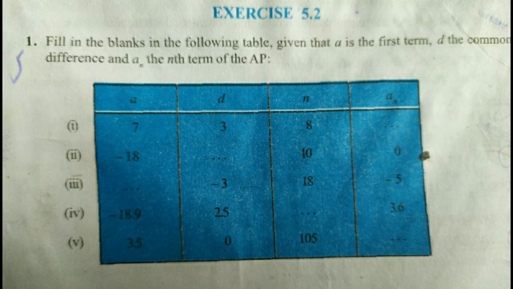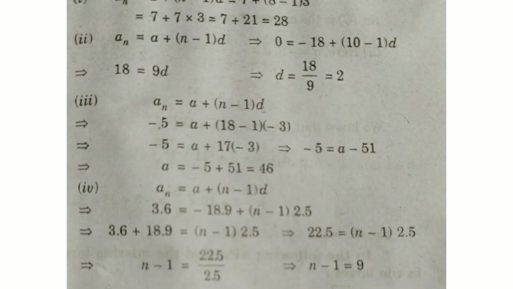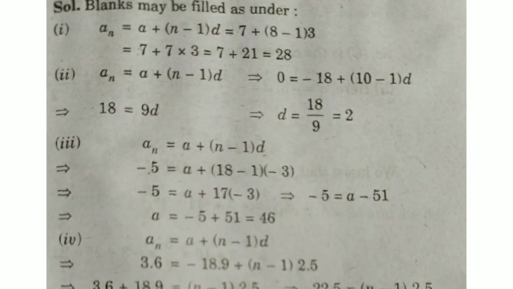Now we are going to solve the problems here. In the first question, we have to find the value of the nth term. We put the value of a equal to 7 and n equal to 8.